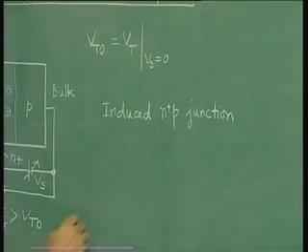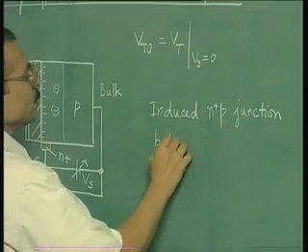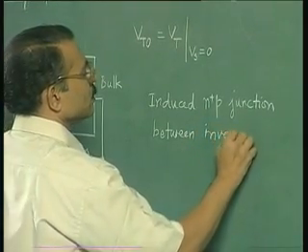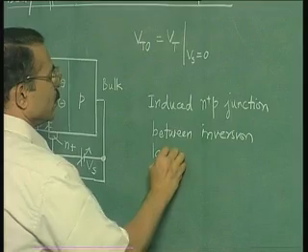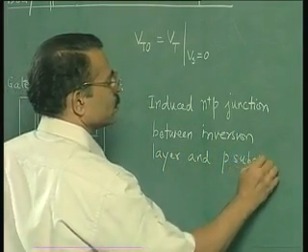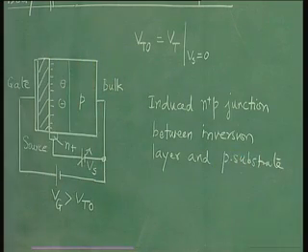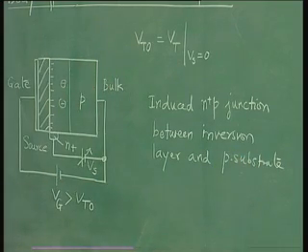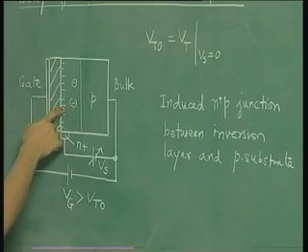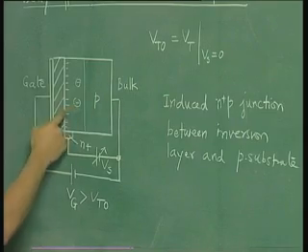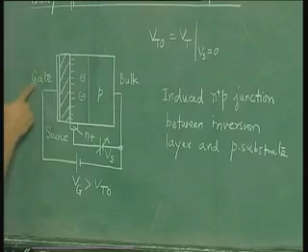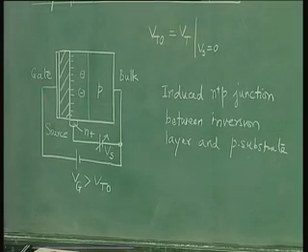This induced N plus P junction is between the inversion layer and the P substrate. So the inversion layer has majority electrons and P has majority holes, therefore there is a PN junction here, and we call it an induced junction because this has been induced by application of a gate voltage beyond the threshold voltage.